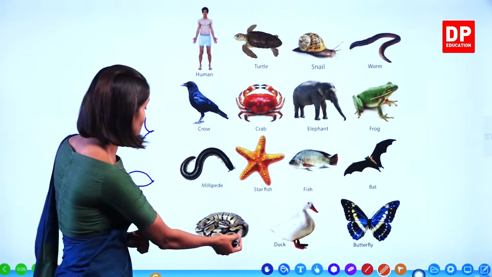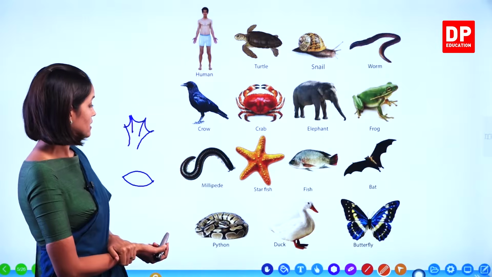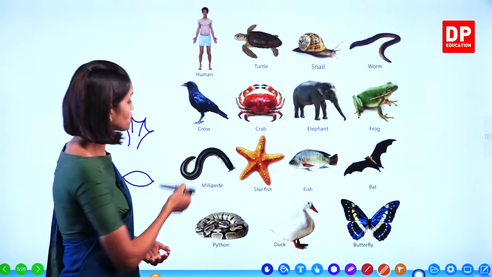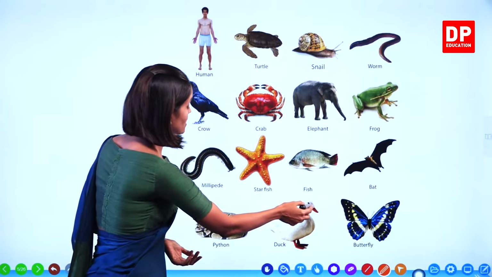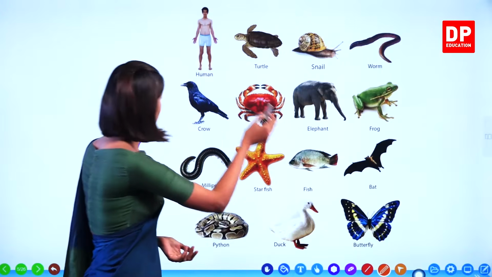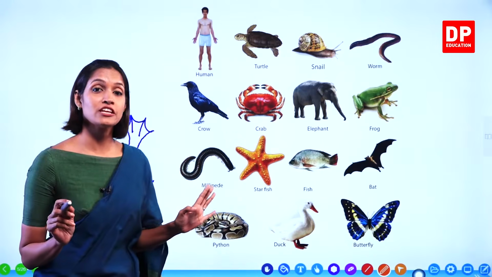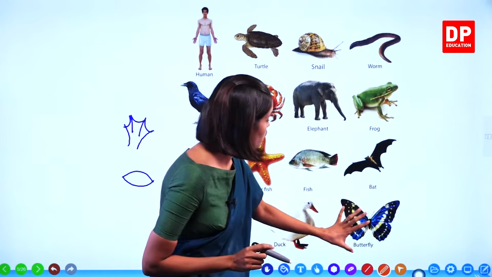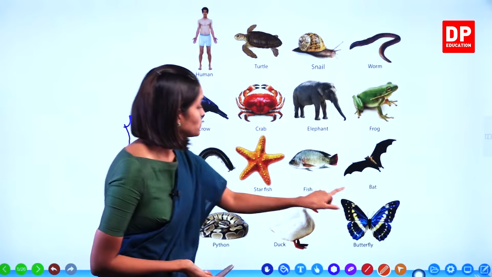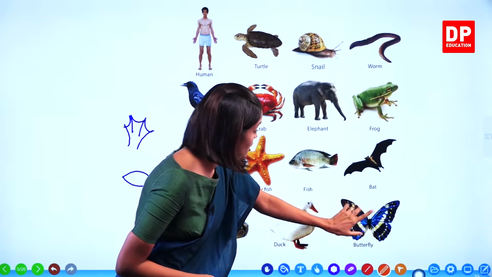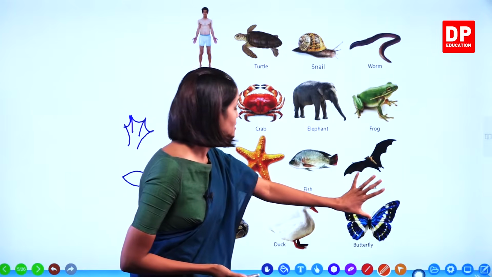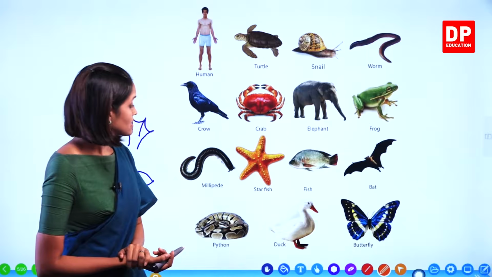And look at the special pattern on its body. And look at the duck. Duck also has feathers like the crow, and when you compare the shape of the duck's beak and the crow's beak, they are also different. And butterfly, look at the nice pattern on the butterfly's wings, and you can see this butterfly has 2 antennas. And it has 2 pairs of wings.